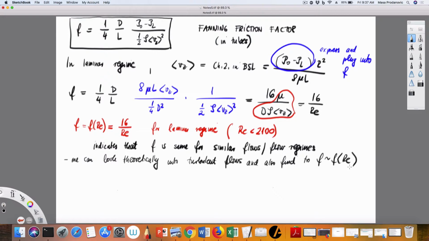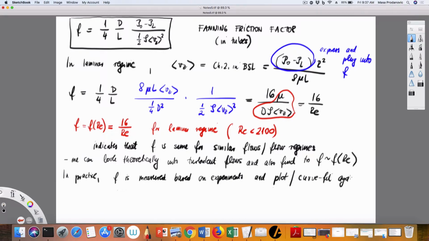So then in practice, F is measured based on the experiments and plotted or curve fit against Reynolds number.